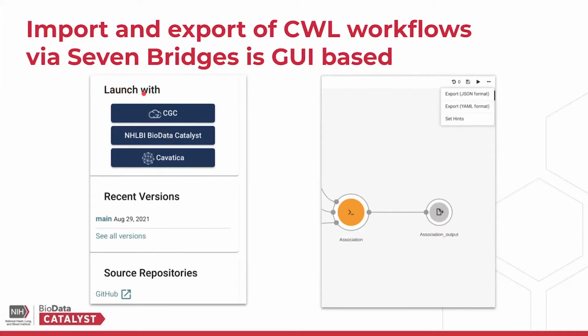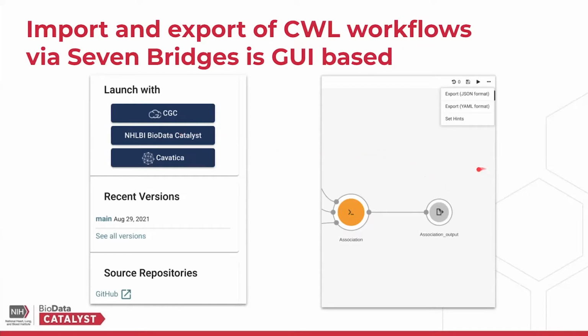Today, we're focused on NHLBI BioData Catalyst powered by Seven Bridges, and it gives you that option right there in the middle. So if you're importing, you go to Dockstore, find the workflow you're interested in, click on launch, and then if you're already logged on to BioData Catalyst, it'll say, what project do you want to send this workflow to? I'll demonstrate that.